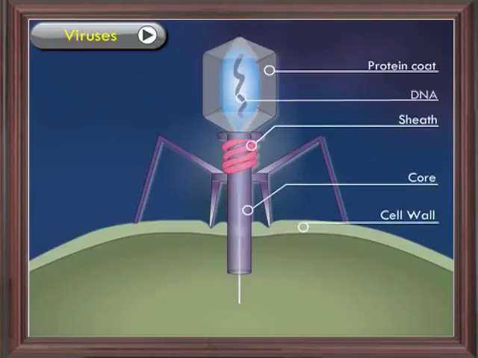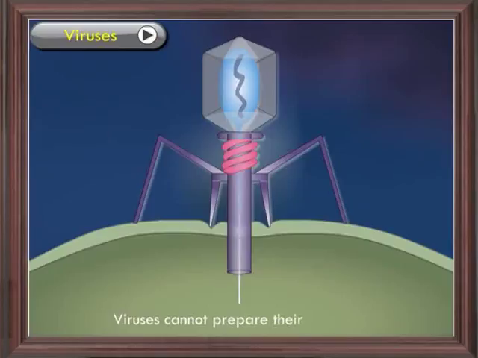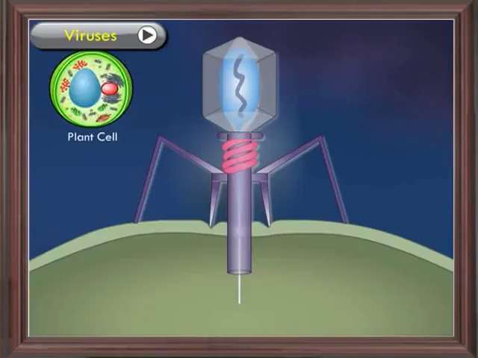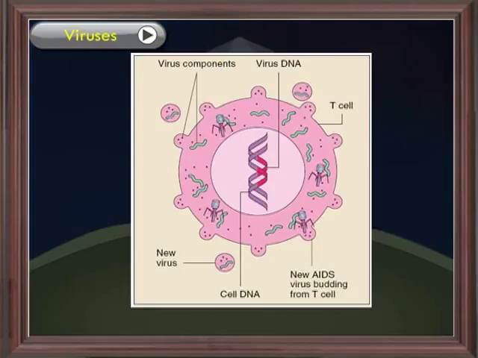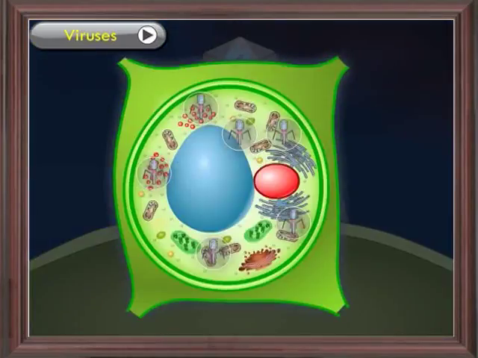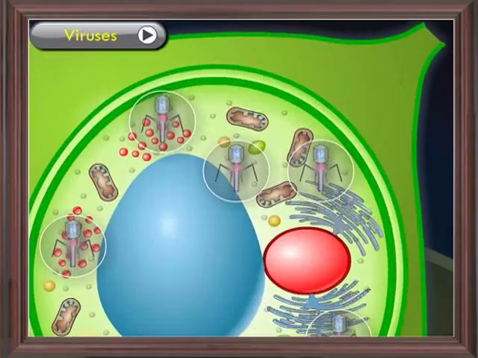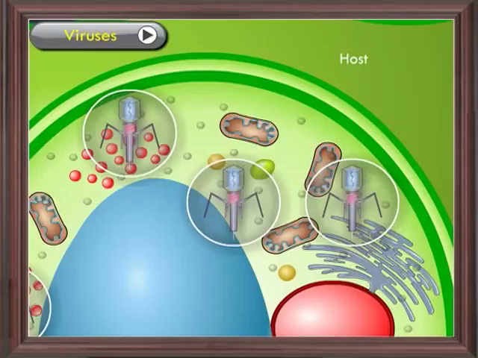Viruses are parasites. Viruses cannot prepare their own food. They live in living cells of plants or animals or bacteria. It is important to note that virus is active only in a host cell. The cell in which viruses or any other microorganism as well lives is called a host.